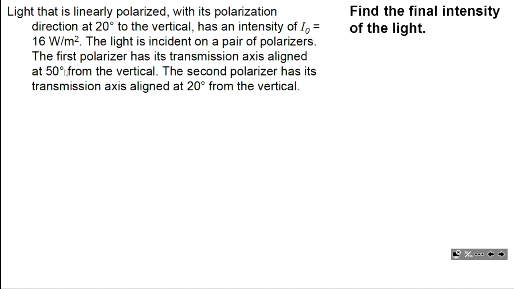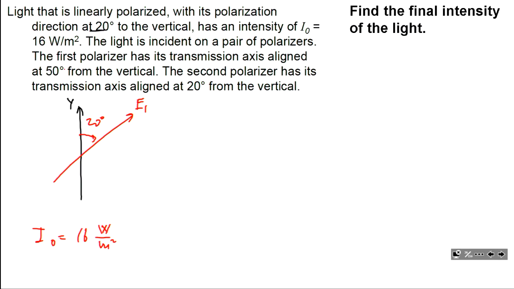So I start from drawing a vertical axis. This is a positive number. So clockwise from that axis by 20 degrees, that's going to be the electric field number 1. The initial intensity is 16 watts per meter squared.